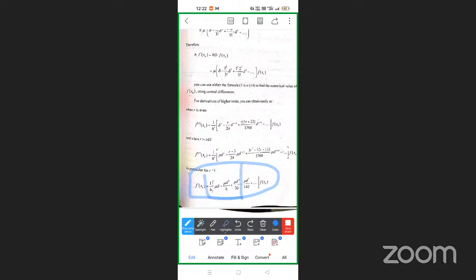We know the h value. We have to find μδ, μδ³ and μδ⁵, and after substituting in this formula we get the first derivative.